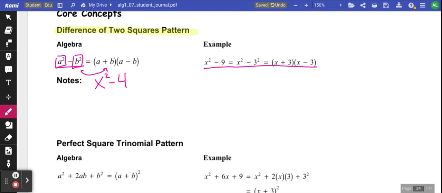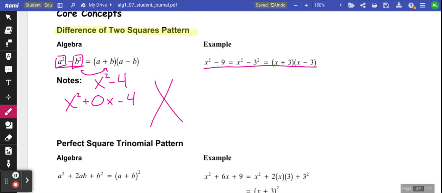If I tell you to factor that, there are two ways you can think of this. You could factor this normally. You could say, I'm going to make this into a normal trinomial that I'm used to. I don't have just an x term, I don't have a b value, so I'm just going to say this is 0x, and then minus 4. I would do the same thing I've done before.